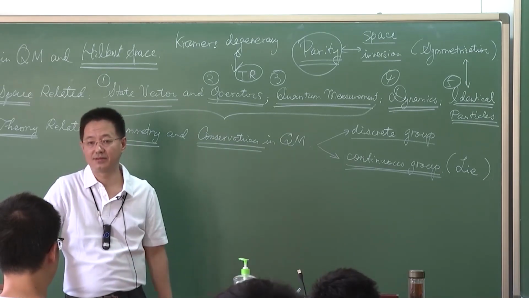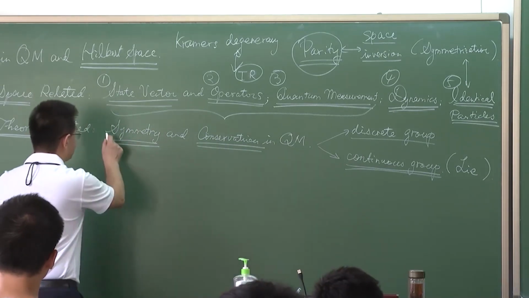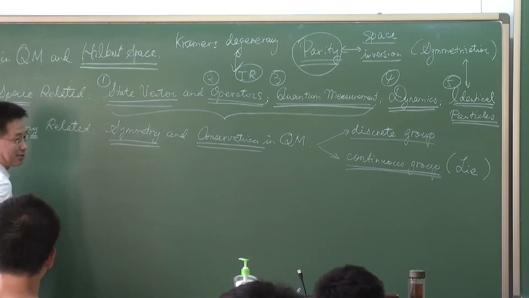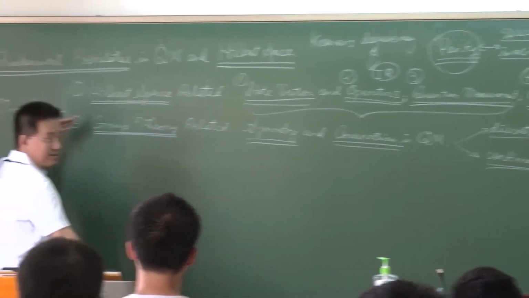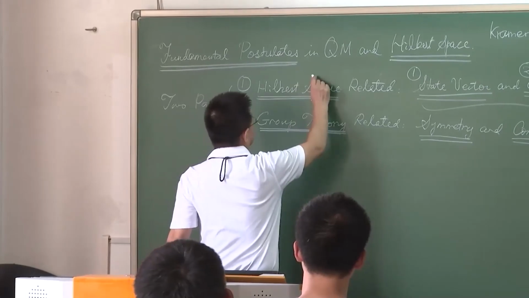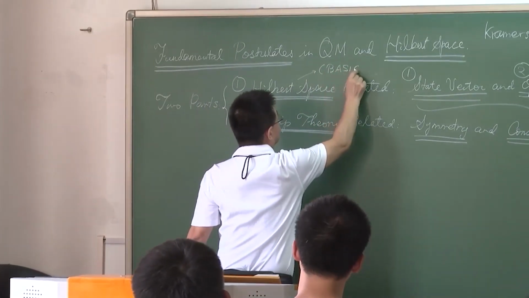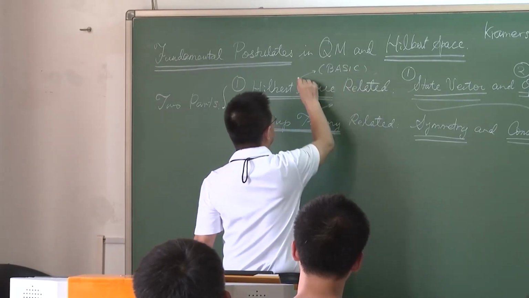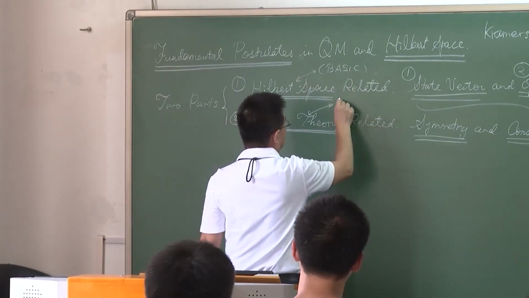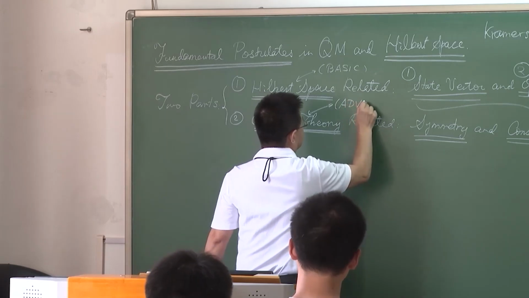So we'll study this. And this is the advanced topic, and this is the basic topic. We have two parts in the whole course. Hilbert space, a little bit more basic, right? And group theory is a little bit more advanced.